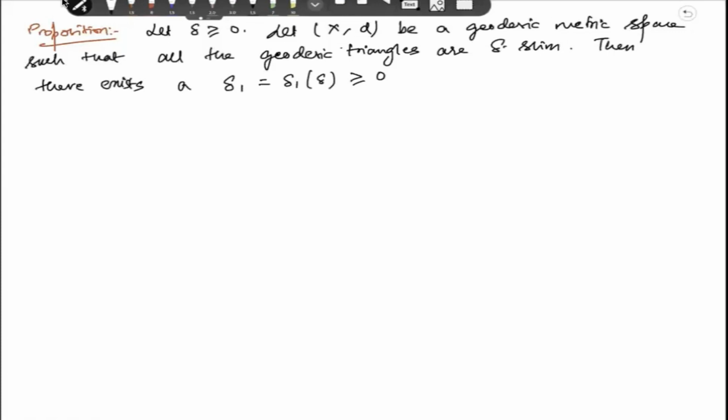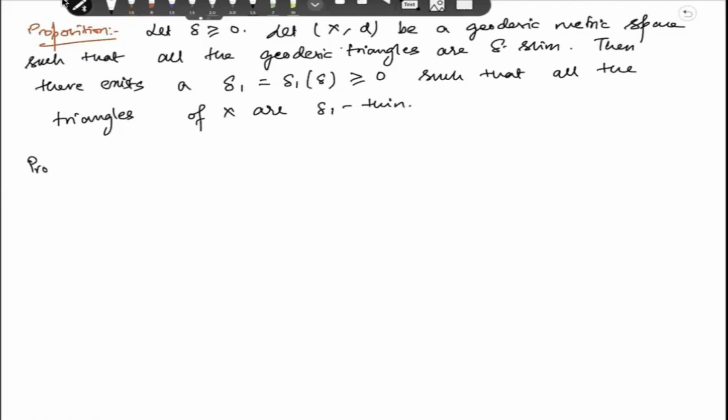So there exists a non-negative number delta 1 such that all the triangles are delta 1 thin. Here you have to assume that all the triangles are delta slim. Then you'll get some non-negative number delta 1 such that the triangles are delta 1 thin.